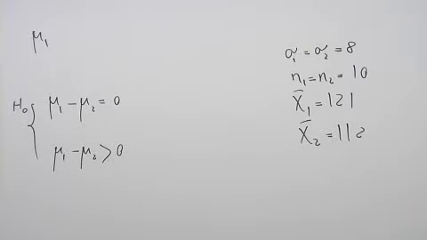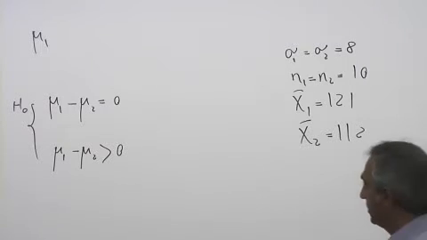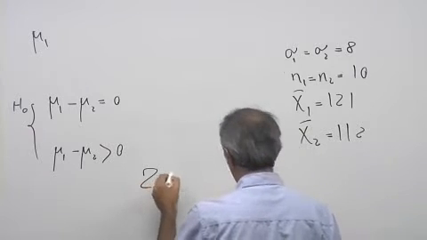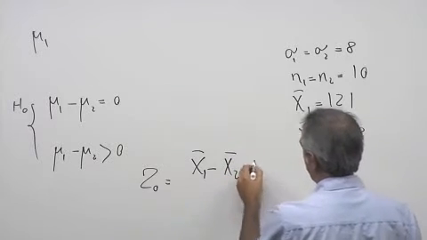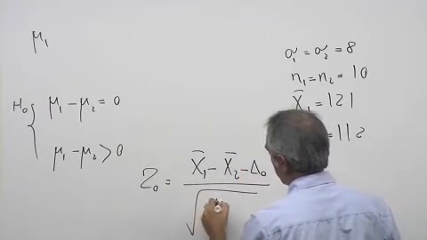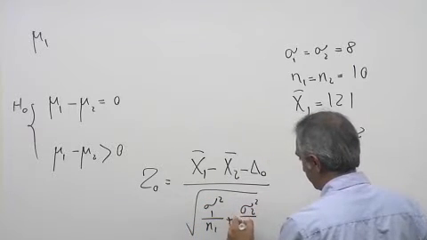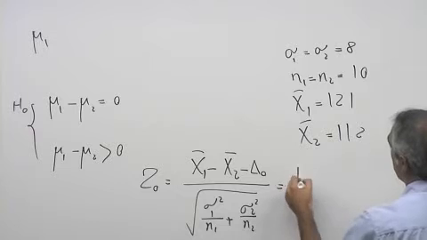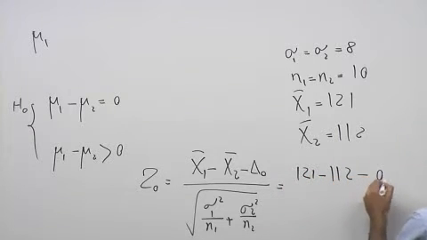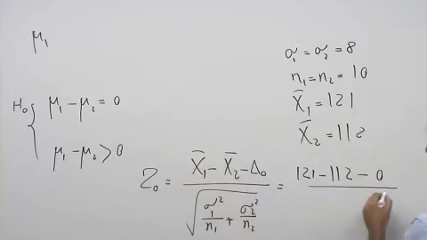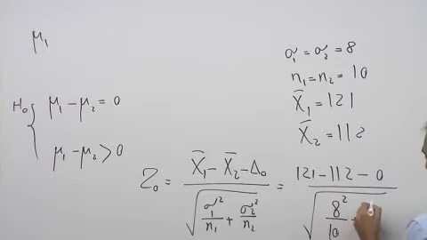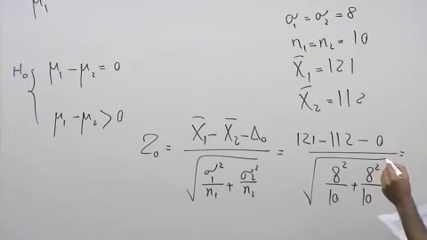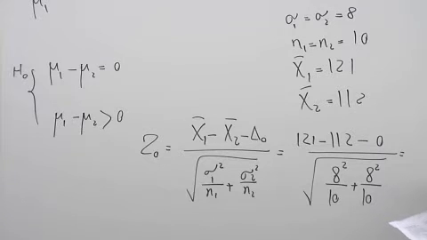Make sense? So what we need to do, we need to calculate Z0, which is x bar 1 minus x bar 2 minus delta 0 divided by the standard error. In this case it is 121 minus 112 minus 0, because delta 0 is 0, over the square root of 8 squared divided by 10 plus 8 squared divided by 10. This value is 2.52.